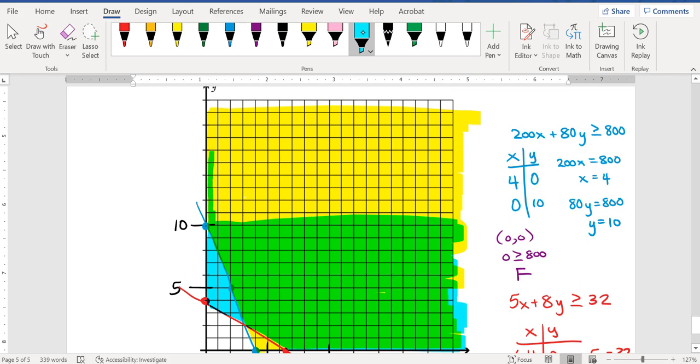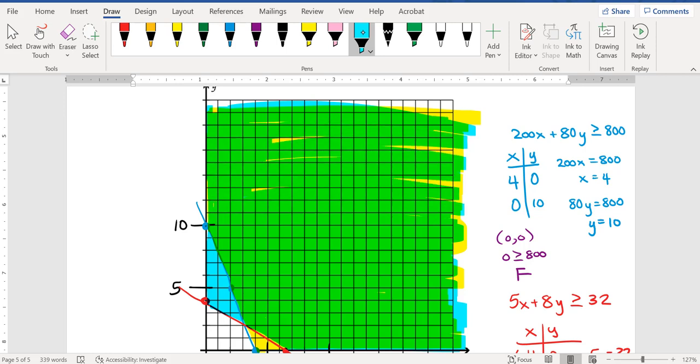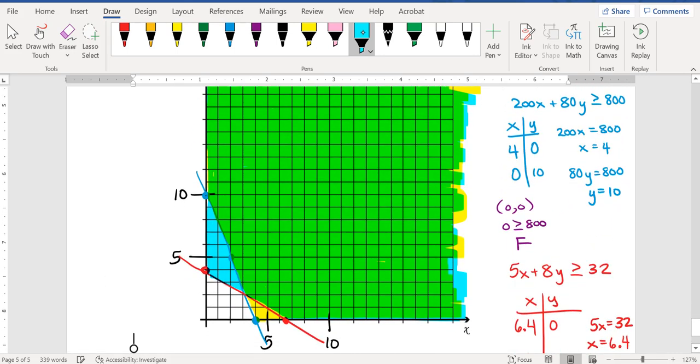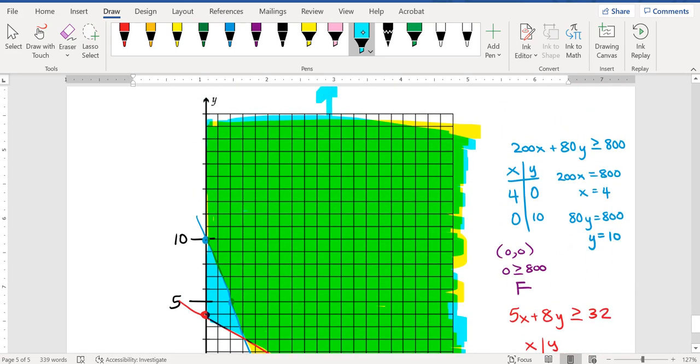All right, there's my feasible region. It's huge. That is an unbounded feasible region because it keeps going in this direction and this direction.